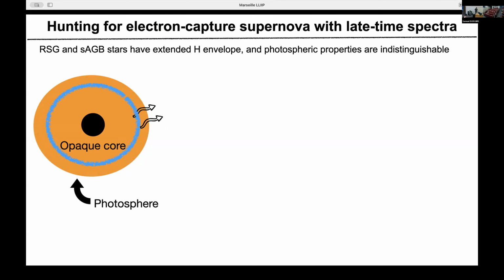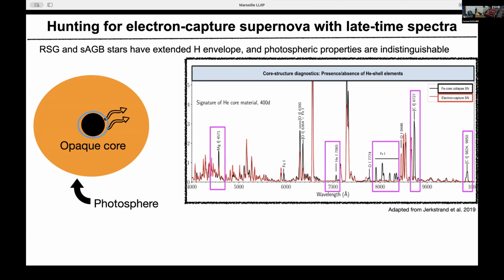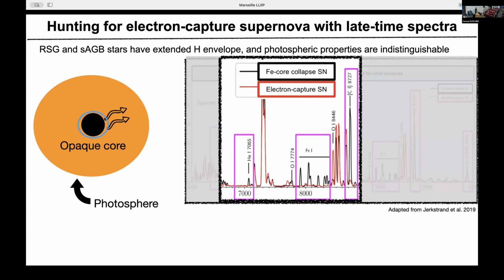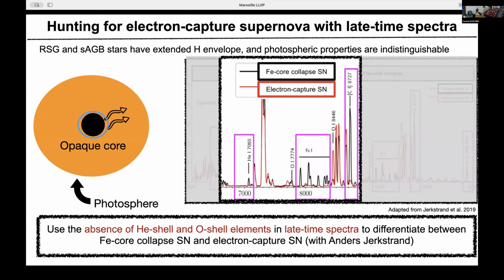So one game that you can try to play is that you wait for a few months when the photosphere has receded closer to the core. And there the expectations from a SAGB star versus a red supergiant star are expected to be different, primarily by the absence of helium shell elements and oxygen shell elements in the late time spectrum. This is based on models by Anders Jerkstrand.